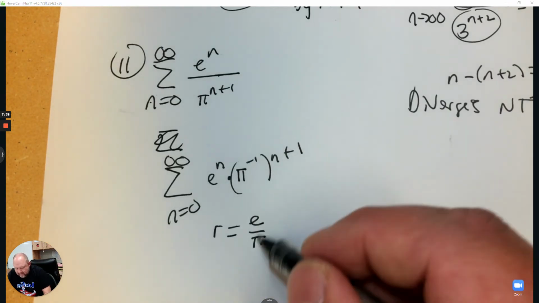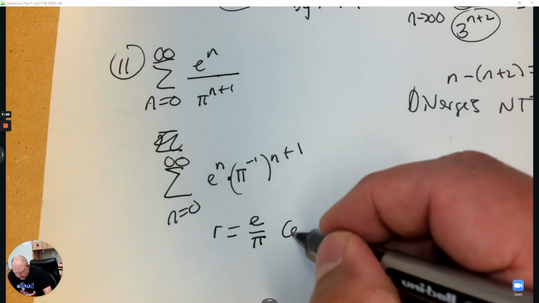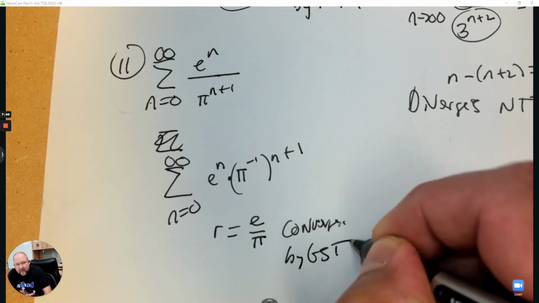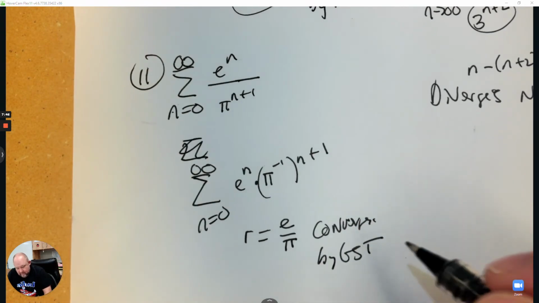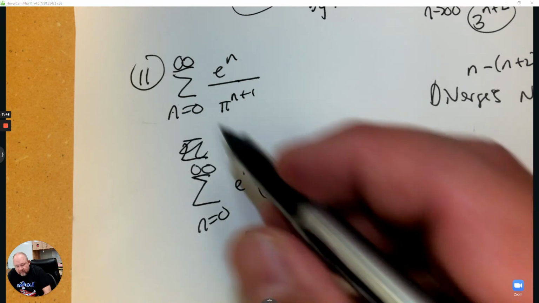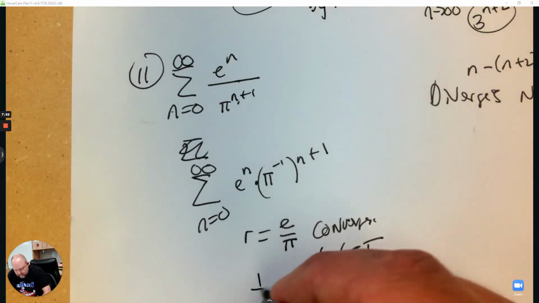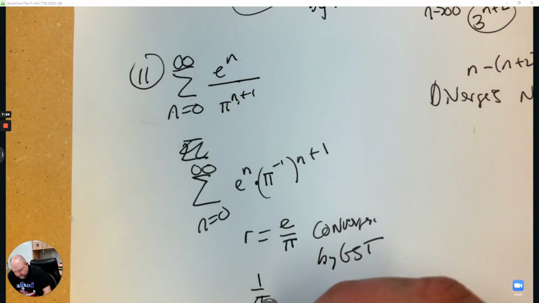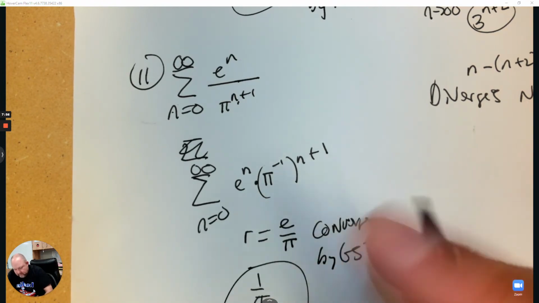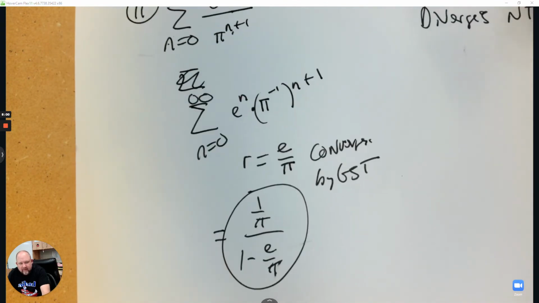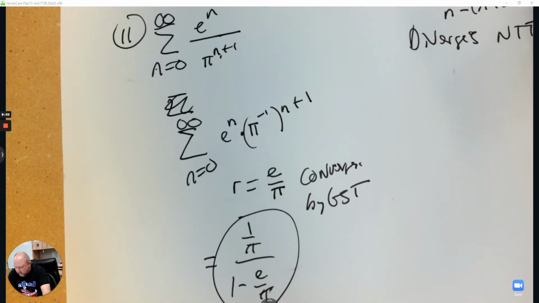And e over pi is less than 1, so it converges. And so the first term, plug in 0, and you get 1 over pi. And then that's fine. I'm going to let this question go. It felt very confusing, but that's the answer. You could simplify it, but I'm going to let it go.